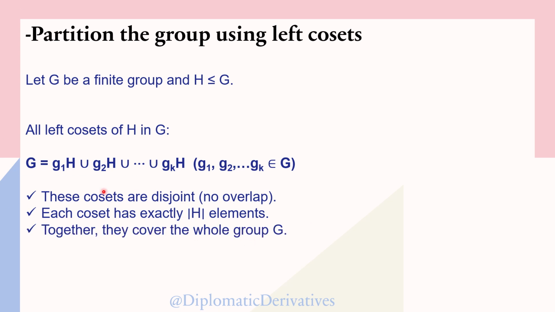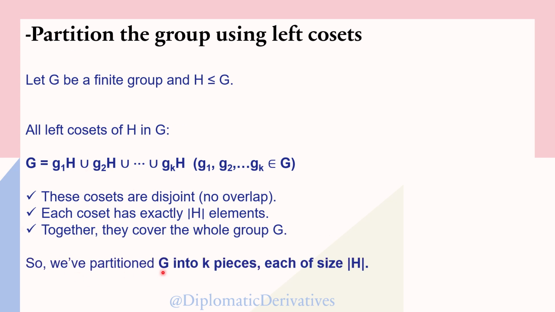Together they cover the whole group, as we saw from the union of those cosets. So we have partitioned G into k pieces, each of size order of H.